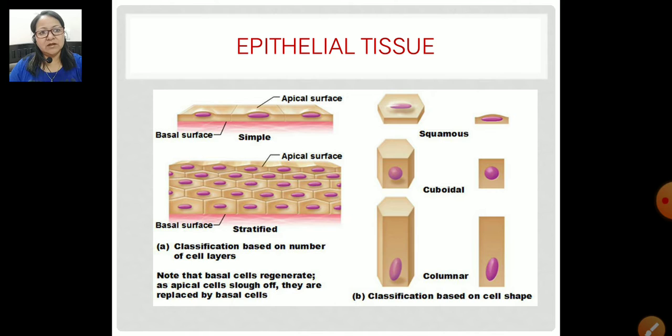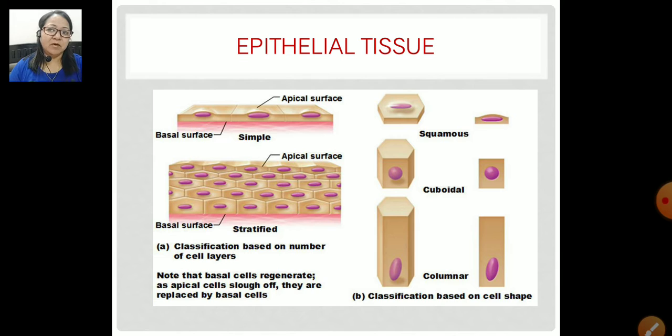If we talk about the stratified, above the basement membrane there is more than one layer of cells. Simple epithelial tissue makes the lining of our buccal cavity and lots of blood vessels, etc.